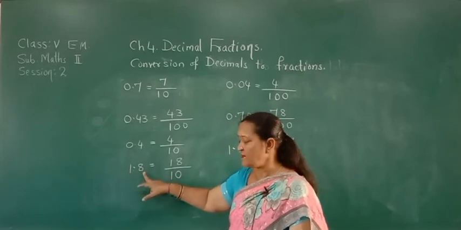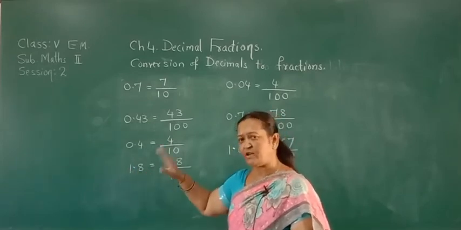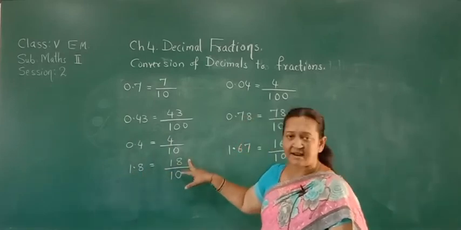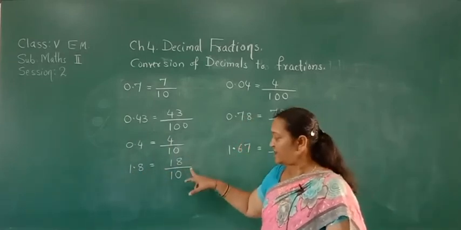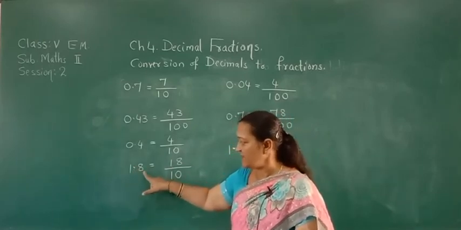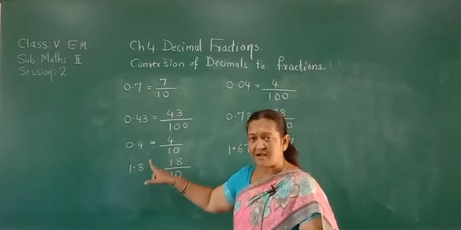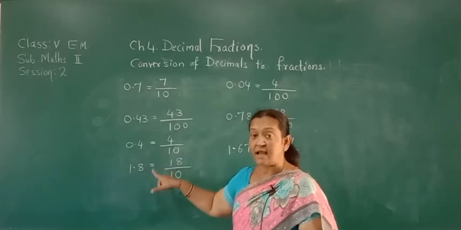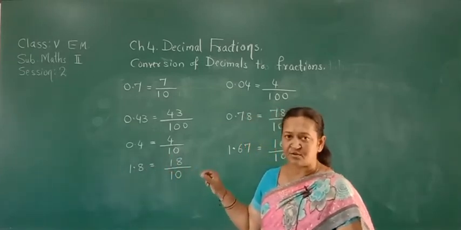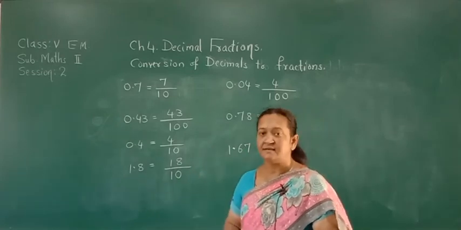So 1.8, both together 18. We remove the decimal point, and we write 18. 18 divided by, write 1. Then in the decimal part, how many digits are there? That you should count. Here we have 1 digit, so add 1 0.